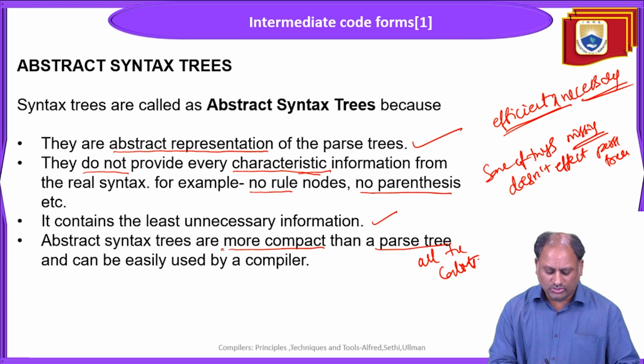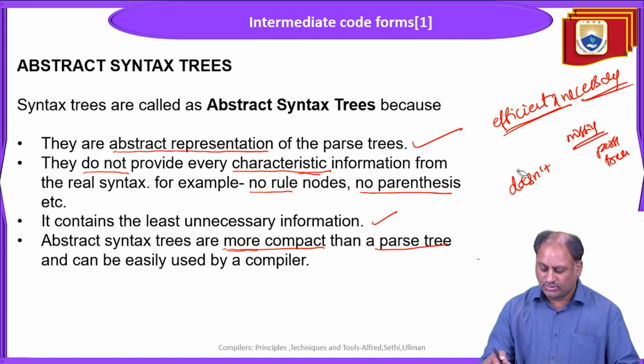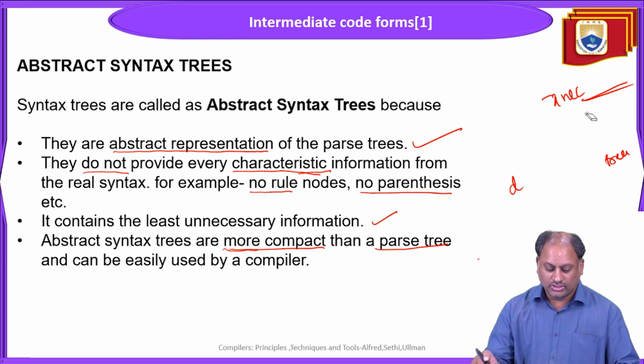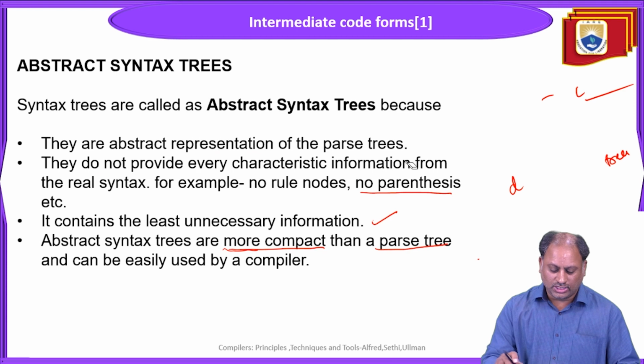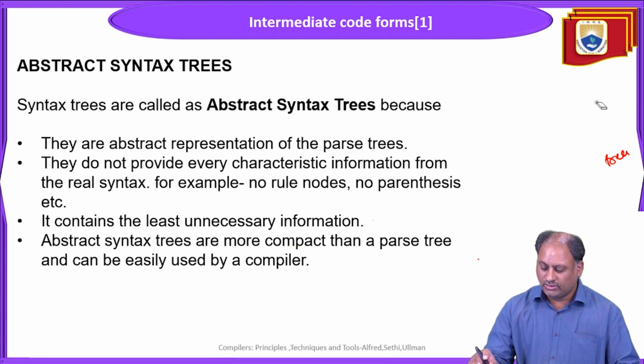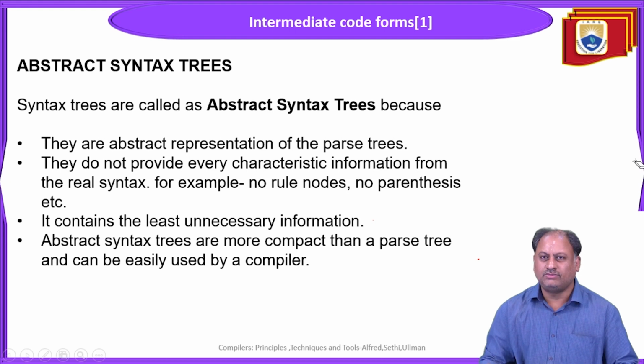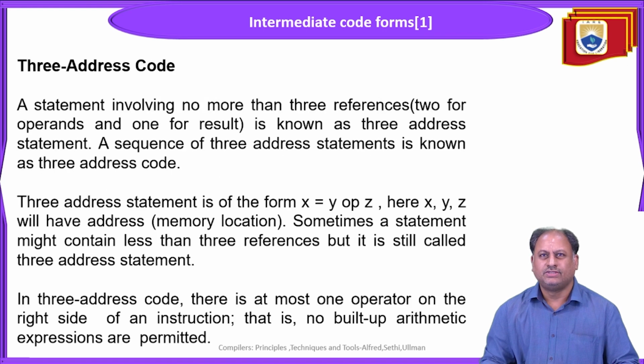Whereas here it is more compact, packed with only the necessary and sufficient information. That is why these syntax trees are called abstract syntax trees, where only the sufficient and required information is passed from the parse tree.